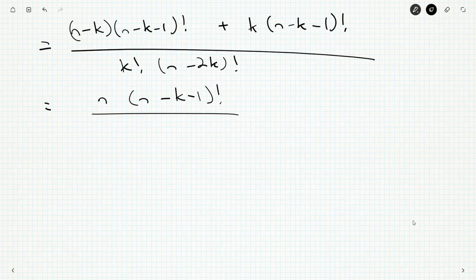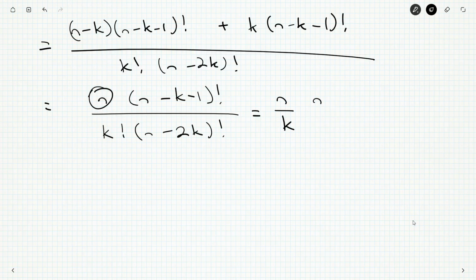And we've got k factorial, n minus 2k factorial. Now, it's interesting that we have a k stuck outside here, and we technically had a k out there as well. I don't think this is going to help, but n minus 2k.